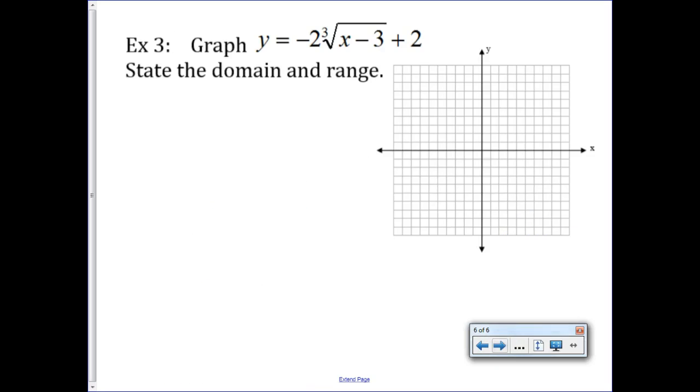Graph negative 2 cube root of x minus 3 plus 2, and state the domain and range. Let's go ahead and graph our parent function, so y equals negative 2 cube root of x. From there we'll move right 3 and up 2.